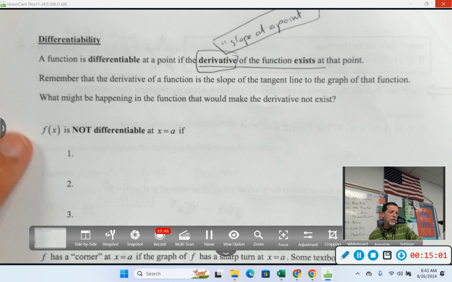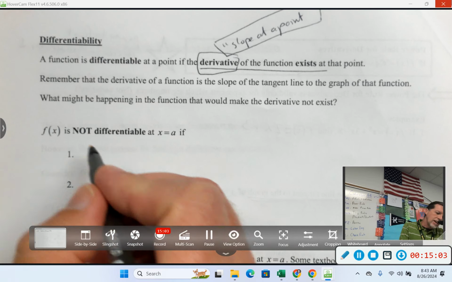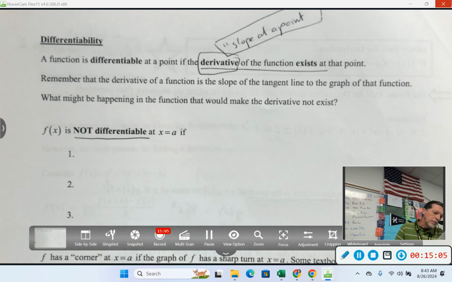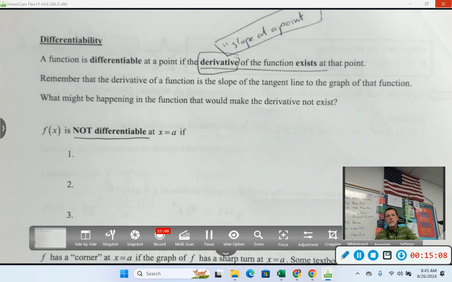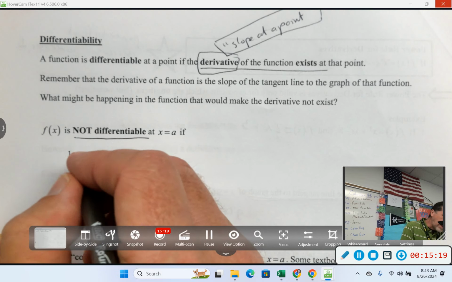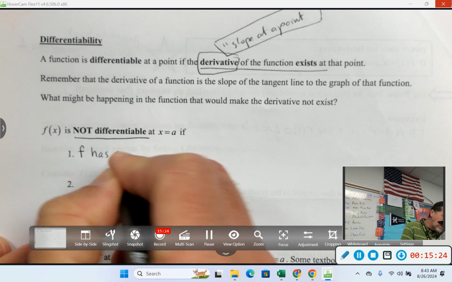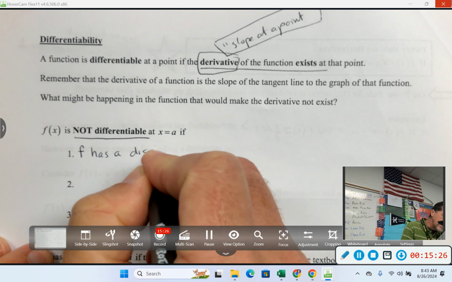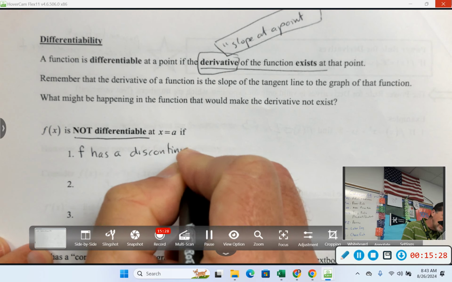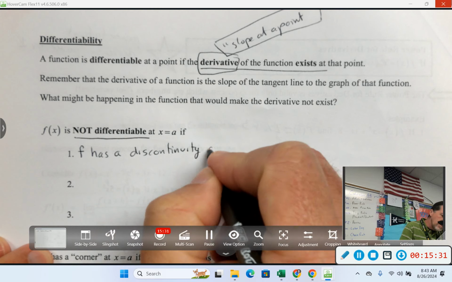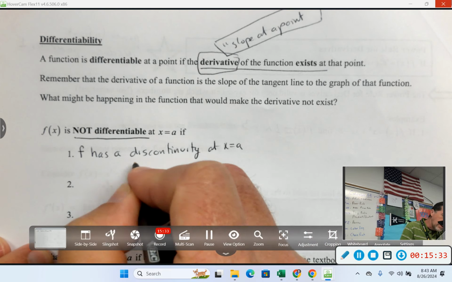And certainly when it comes to these special weird cases, like when is it not differentiable? Can you think of examples of graphs you've seen where you couldn't really take the slope at a point? A hole. That's a specific case of if f has a discontinuity at x equals a.